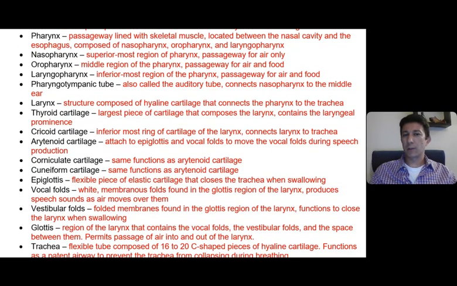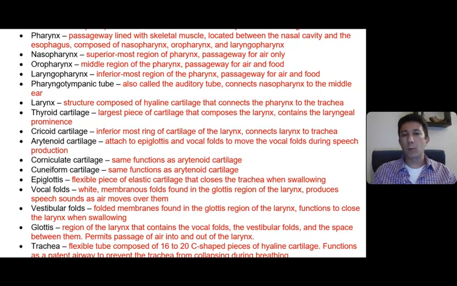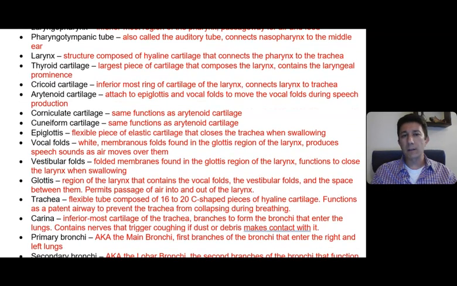The next structure that we'll take a look at in the larynx is the cricoid cartilage, and this is a ring of cartilage that's the inferior-most ring of cartilage in the larynx, and it functions to connect the larynx to the trachea. There's also a couple of smaller pieces of cartilage that are within the larynx. These are collectively referred to as the arytenoid cartilage, the corniculate cartilage, and the cuneiform cartilage.